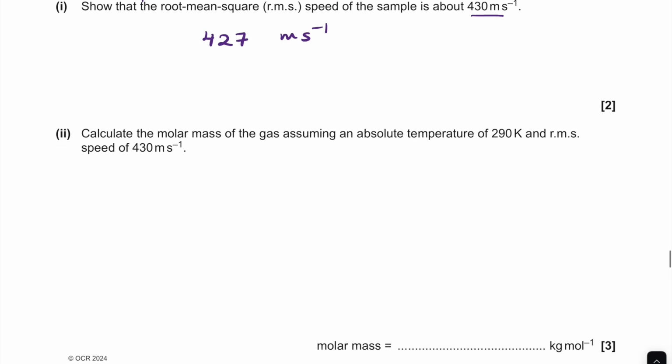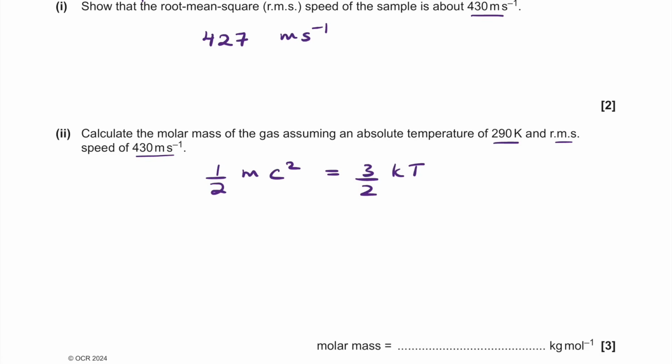Next, calculate the molar mass of the gas assuming an absolute temperature of 290 kelvins and RMS of 430. So we know in order to calculate the molar mass, we need to use half mc squared equals 3/2 kT, because that relates the mass with temperature and obviously RMS speed as well.